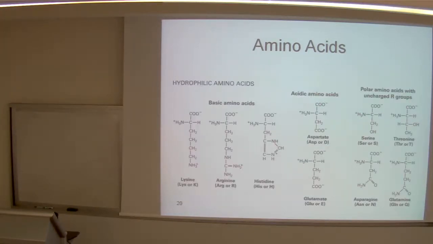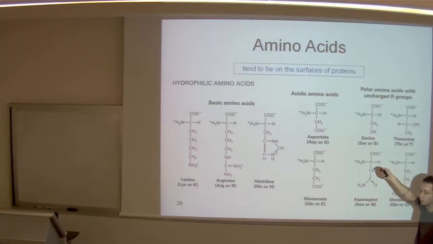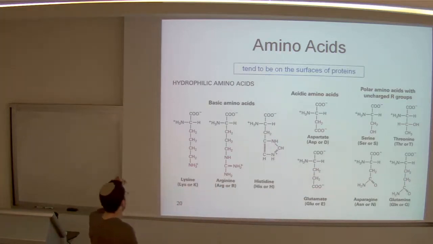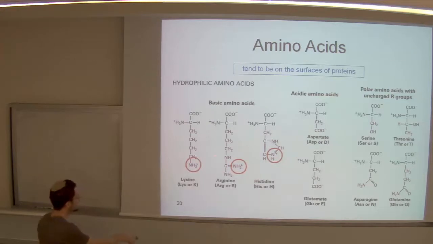Okay, the second group of amino acids is the hydrophilic amino acids. As opposed to the last group, they will be found usually on the surface of proteins, because they can interact and be stabilized with the water molecules around them. And they are hydrophilic for several reasons. The first subgroup is hydrophilic because it has a positive charge in physiological conditions.